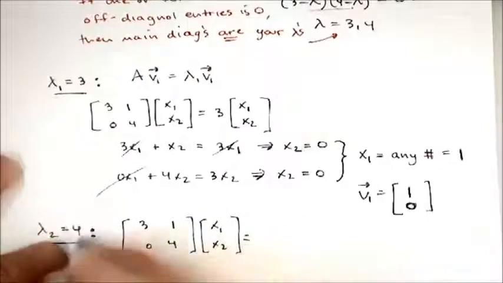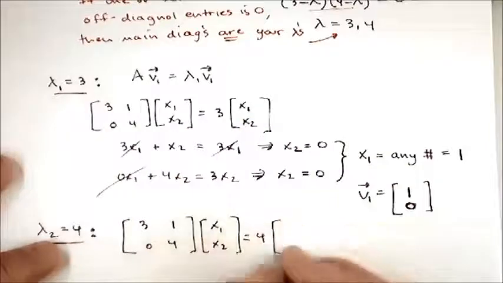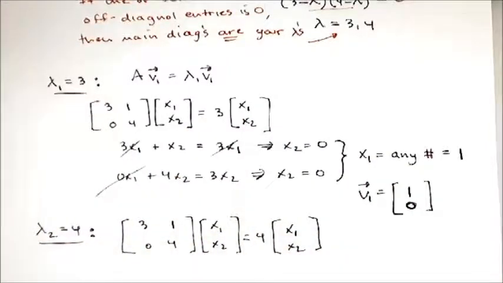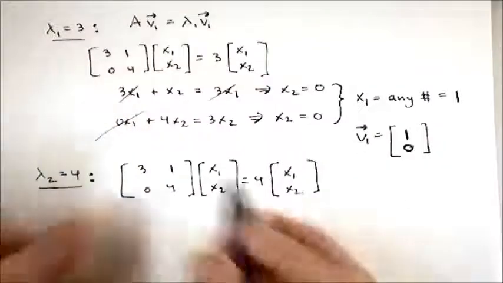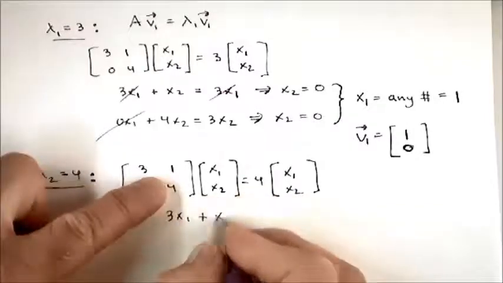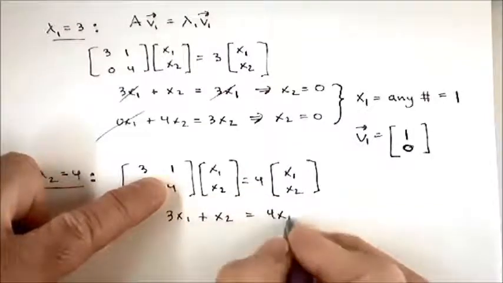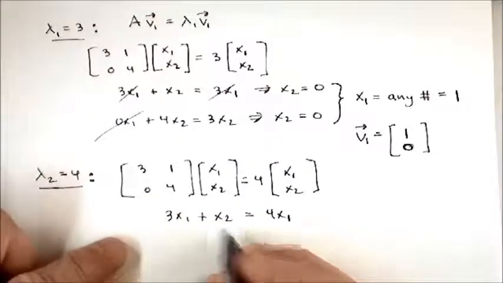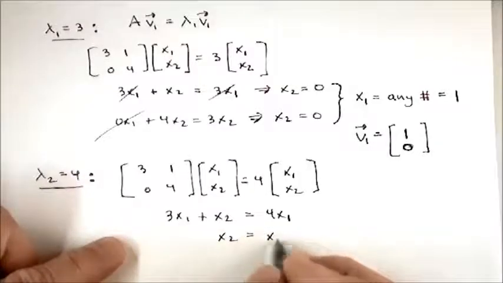Only this time it's going to be equal to 4 times my eigenvector. And that gives me 3x1 plus x2 is equal to 4x1. If I subtract this over here, that gives me x2 is equal to x1.